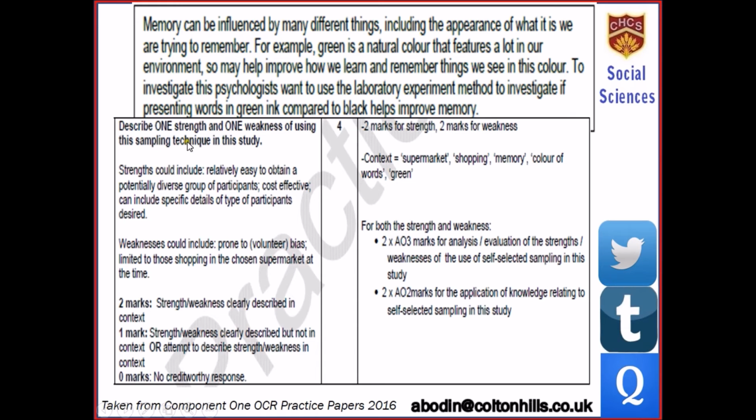Whereas if you say one strength and one weakness in relation to the study, so using these contextual words or anything similar related to this scenario, this is where you pick up your 2 extra marks. So your AO2 marks, your application marks.